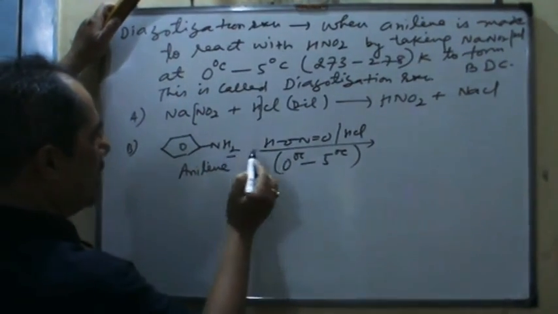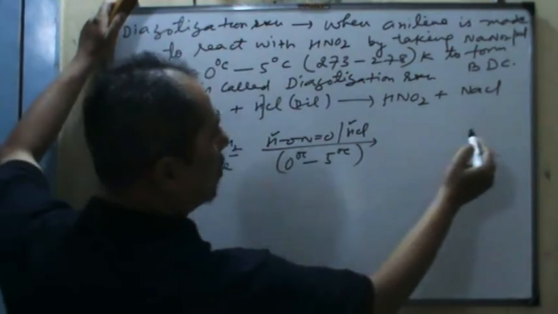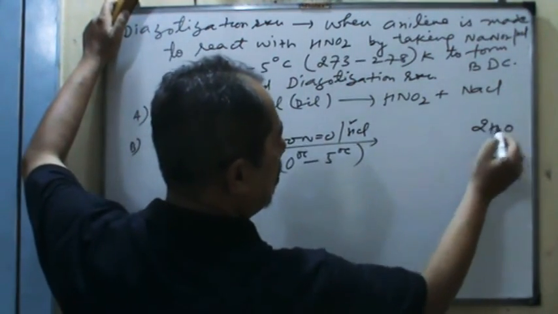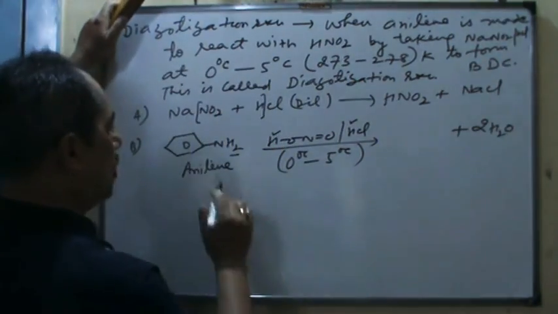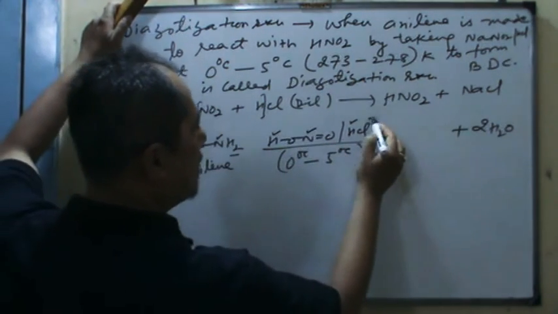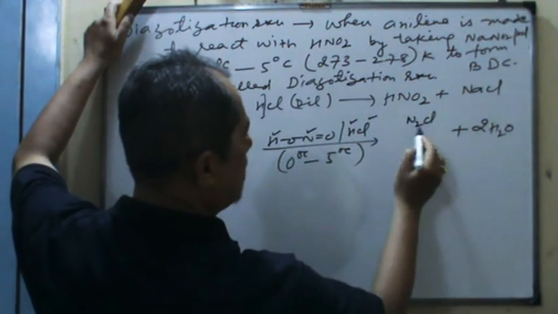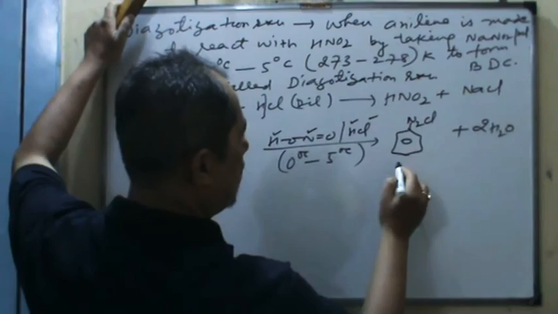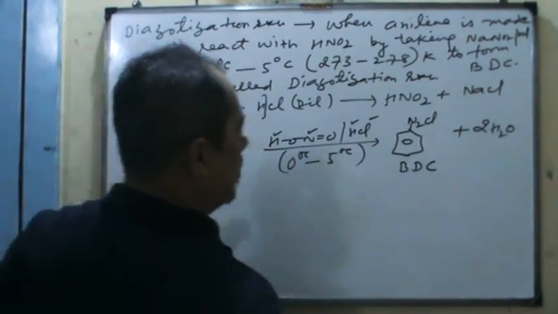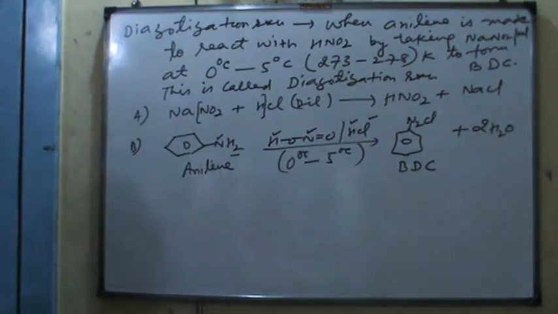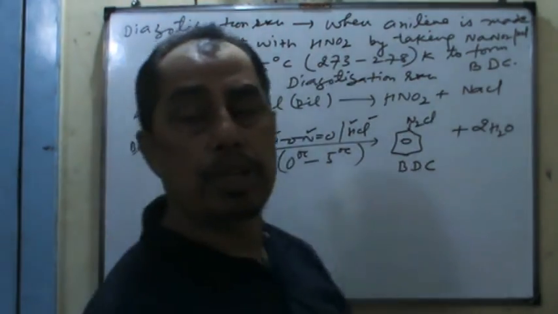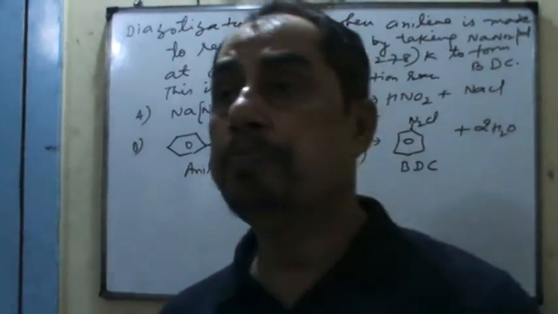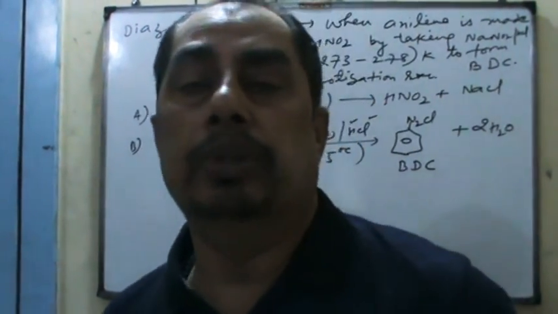What is to be lost here? Water is lost. N and Cl. Actually it is benzene diazonium chloride. So how do you get the benzene diazonium chloride? By taking NaNO2 and dilute HCl.